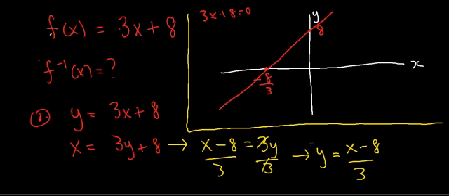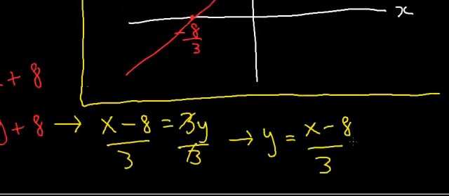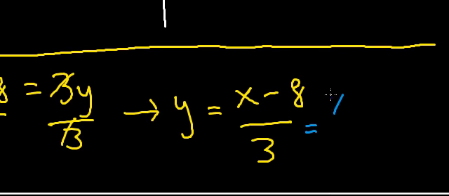Right? Now for the graph of the inverse function, use a different color. So if I'm going to graph this, the y-intercept is going to be, let me further simplify this, negative 8 over 3.